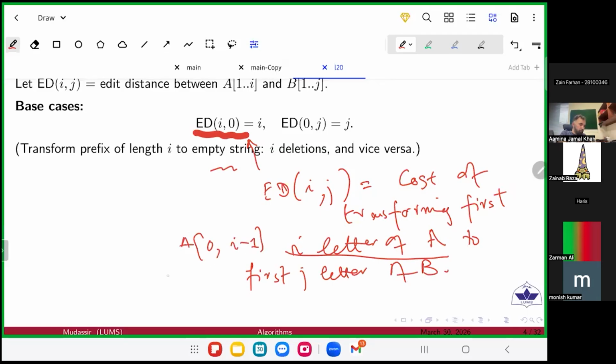Okay, and this would be B of 0 comma j minus 1. Okay, तो ये थोड़ी सी discrepancy है कि ed of i it says i, but it means that transforming letters up till i minus 1. Anyhow, I think we might have discussed this last time as well.